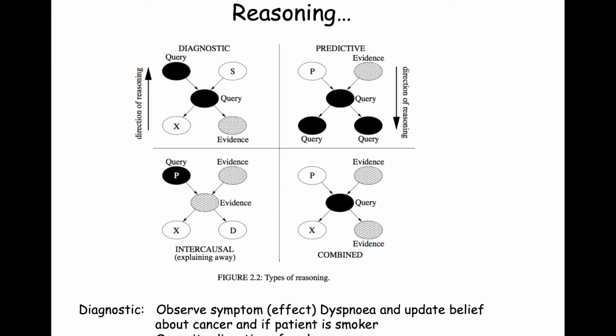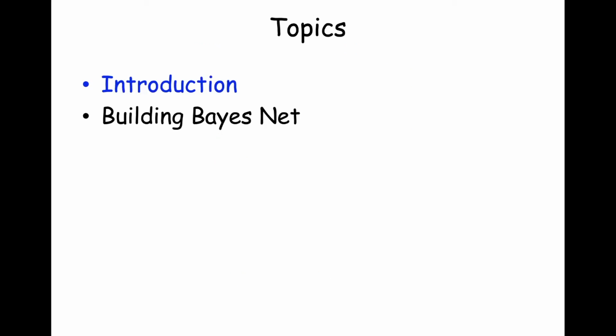And so we talked about the reasoning, and this is a powerful approach because you can set as evidence any variable or node, and you can treat as a query any variable or node, and with the same network or the same data structure, it's a graph, a DAG, you can get all sorts of different types of reasoning. And we talked about diagnostic reasoning, predictive reasoning, and intercausal reasoning, using the lung cancer network example. Okay, so let's get into the Bayesian network construction.